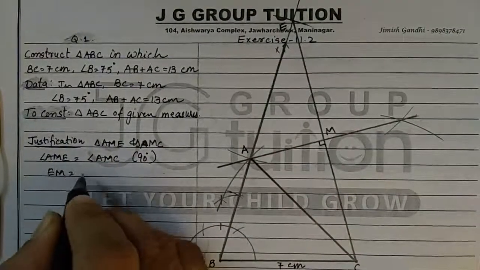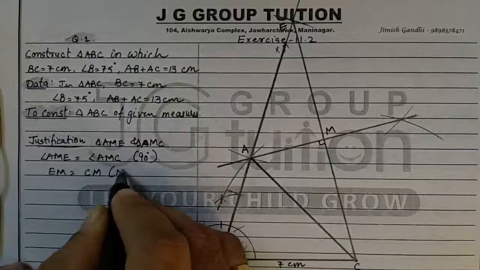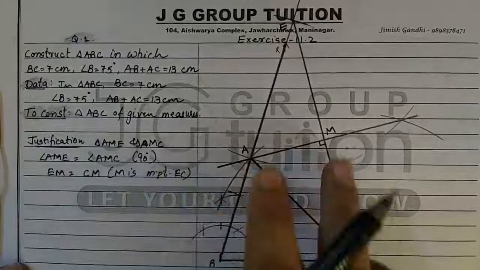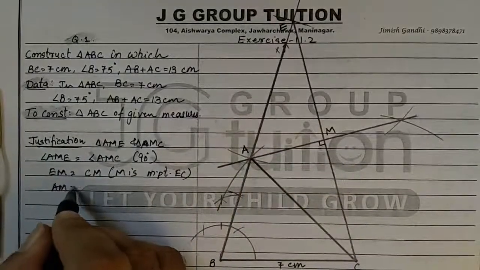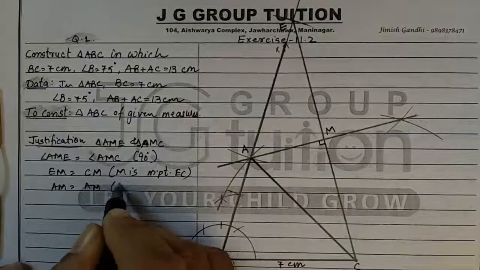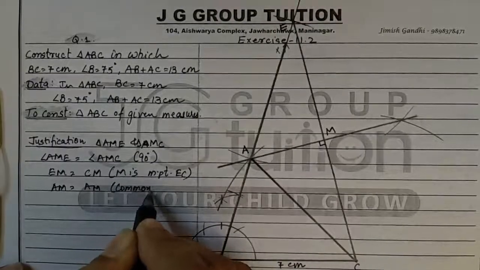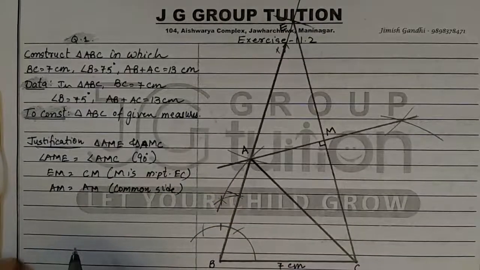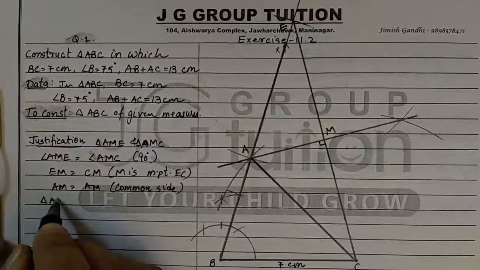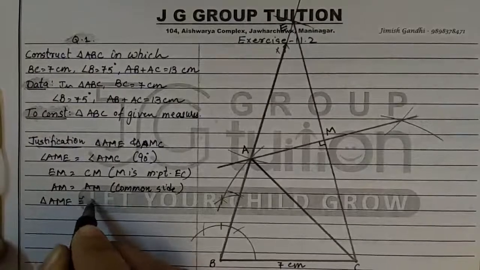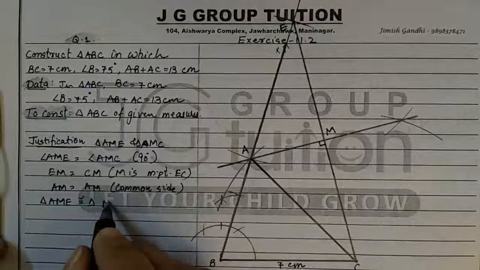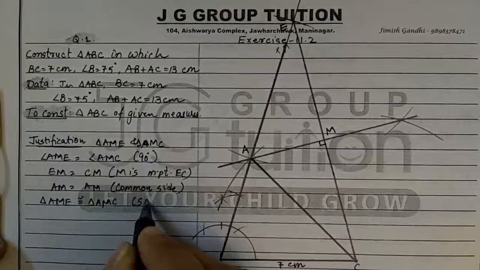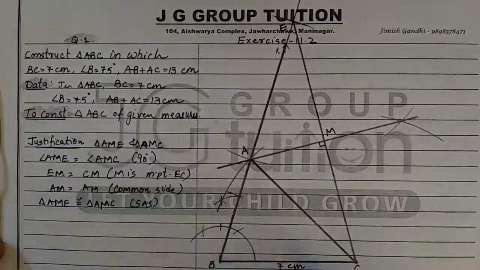EM is the same as CM, as M is the midpoint of EC. One more, AM is the common side in both triangles. So by the side angle side criterion, triangle AME is congruent to triangle AMC.